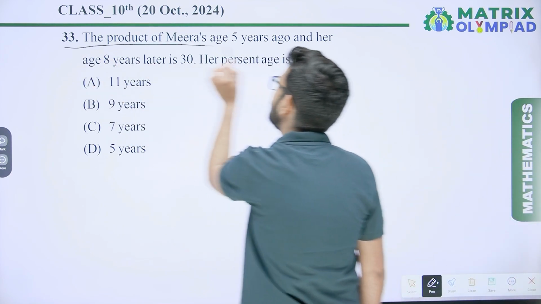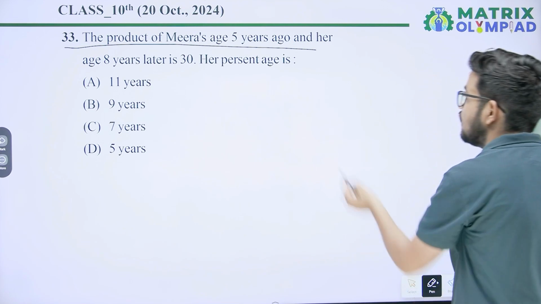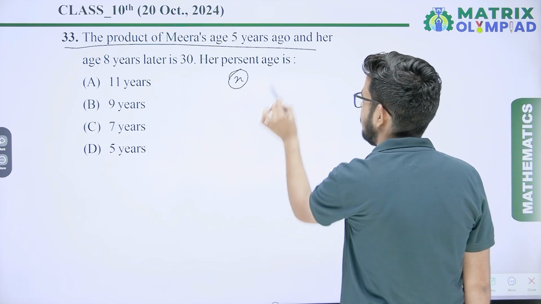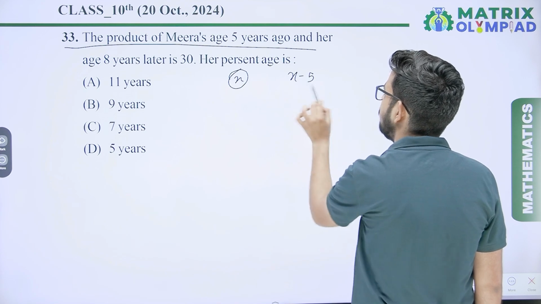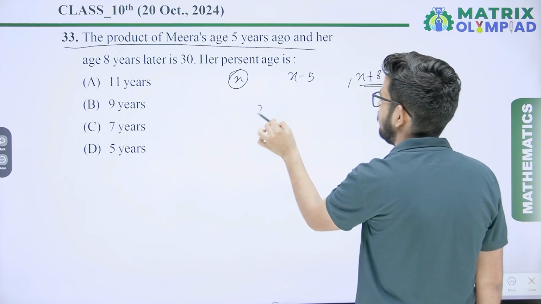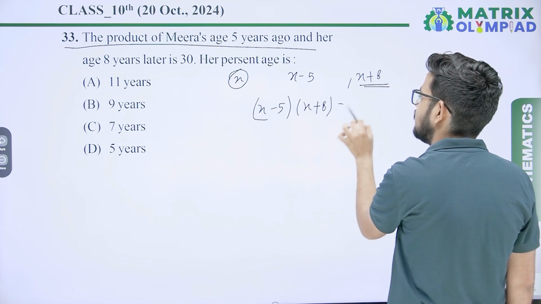Question number 33. The product of Mira's age 5 years ago and her age 8 years later is 30. Her present age is, just assume her present age is x, age 5 years before, that is x minus 5, and 8 years later, that is x plus 8. Then the product is (x minus 5)(x plus 8), that is 30.